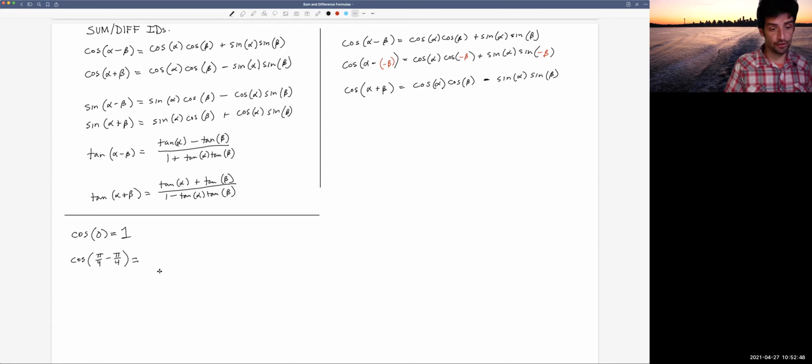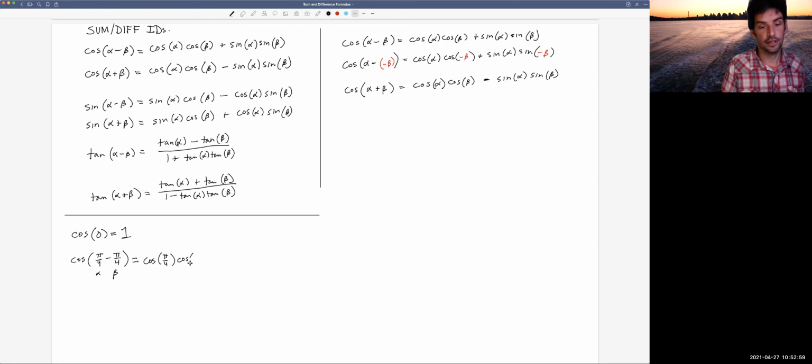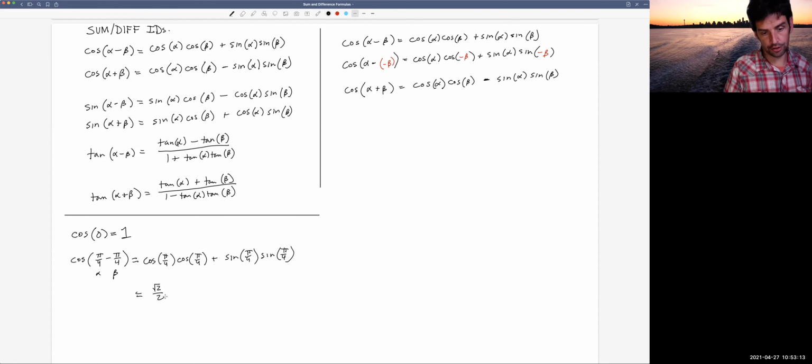And I apply my formula. So I'm looking up here, this is like the alpha, this is like the beta, they're the same in this case. So this is cosine of pi over 4 times cosine of pi over 4, plus sine of pi over 4 times sine of pi over 4. The cosine is root 2 over 2, and there's 2 of them, so it'll be squared.